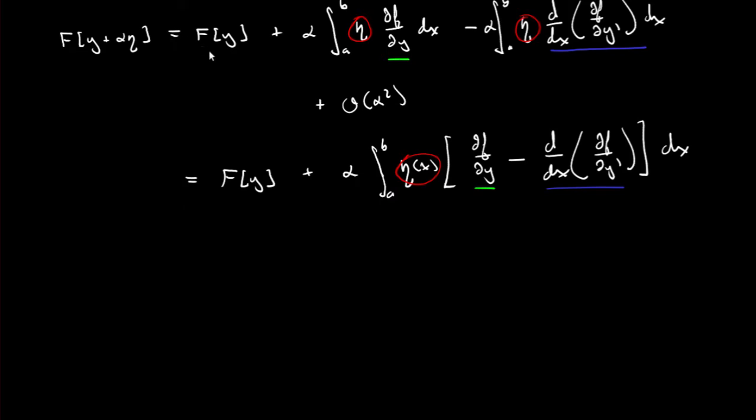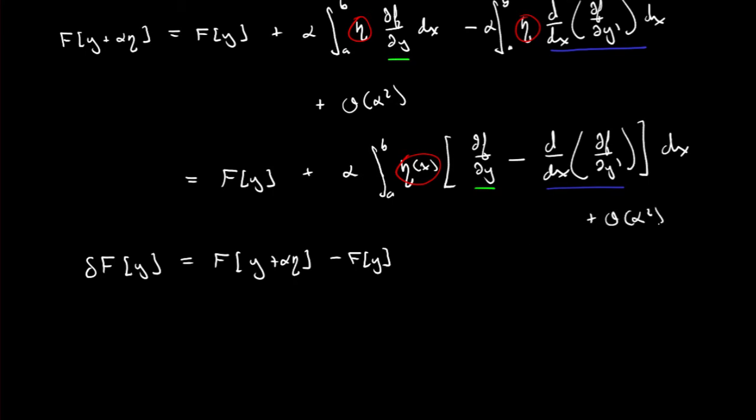We just move the F of y over to the other side, and we have delta F of y is just F of y plus alpha eta minus F of y, and that's just equal to, of course, I forgot my plus big O of alpha squared here.